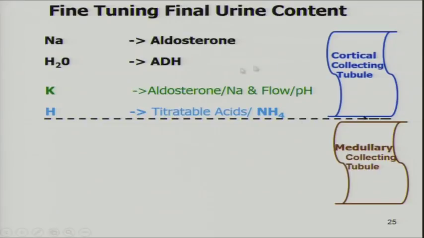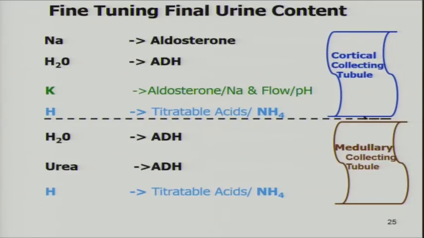Hydrogen excretion is also affected by what's happening here, by the role of titratable acids and ammonia to form ammonium, to be excreted as ammonium. You get into the medullary collecting tubule, and again, you have ADH acting to continue to reabsorb water, and also now reabsorbing urea. And again, titratable acids and ammonium are excreted in conjunction to facilitate excretion of hydrogen.